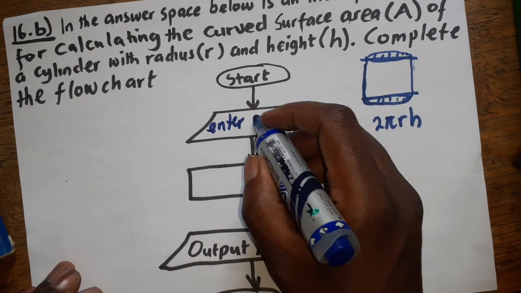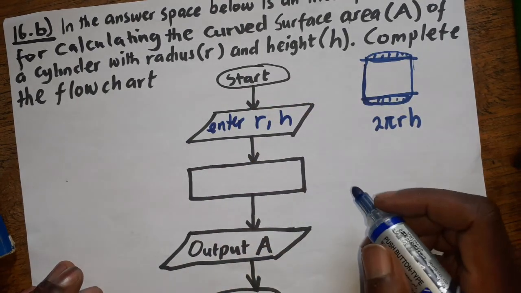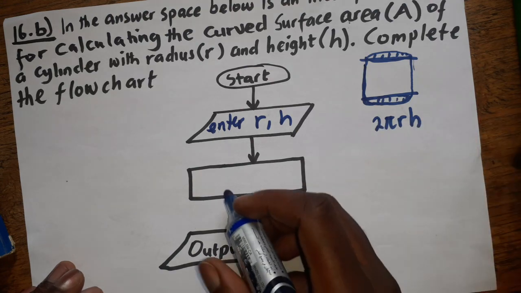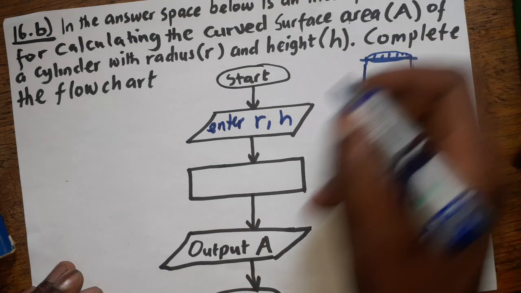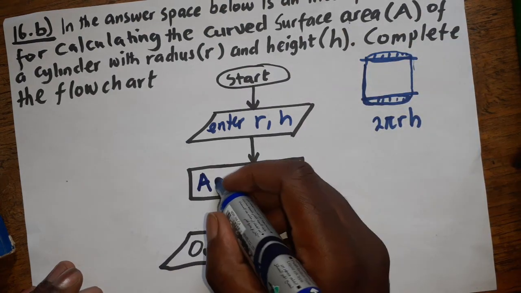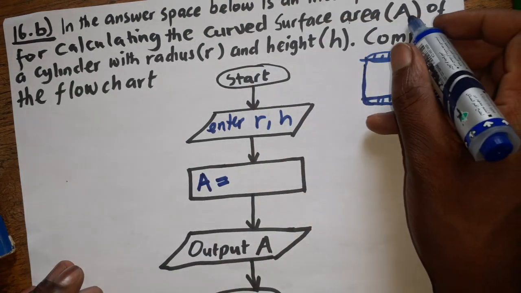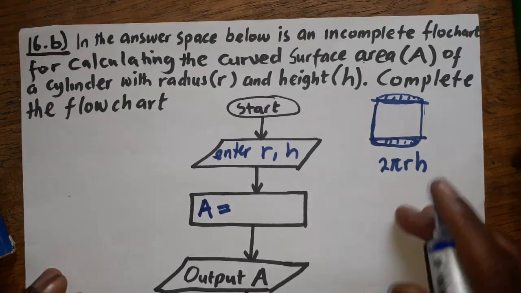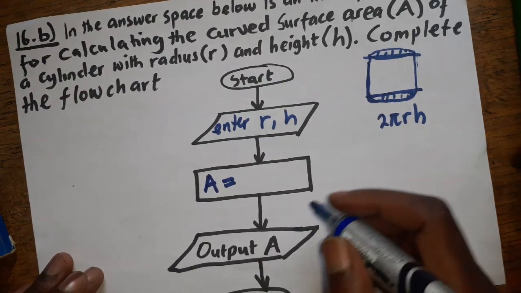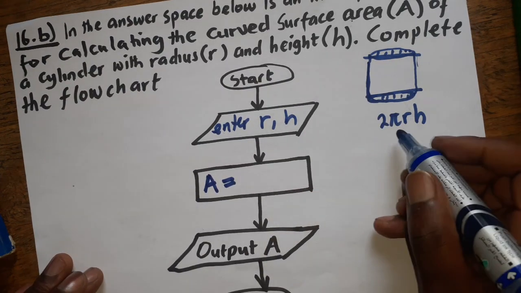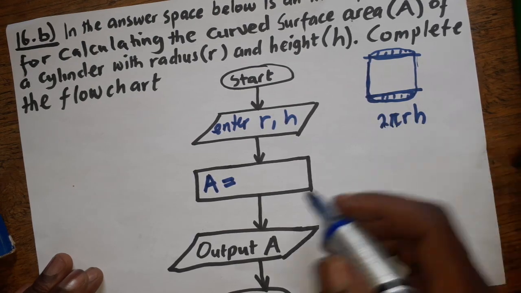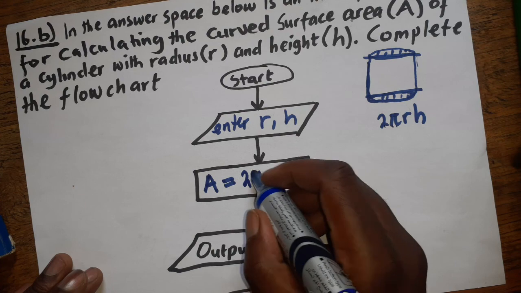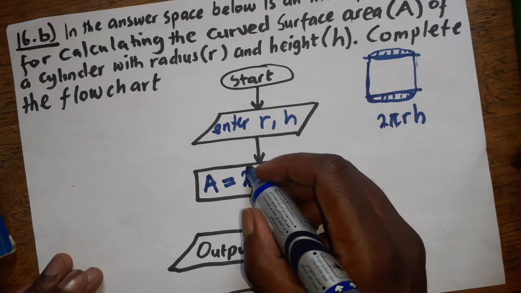So you know that this part here, we say enter. What are we going to enter? R and H here. Then curved surface area here. You can say curved surface area, which is represented by the letter A, is equals to, now we can write this in full. We always say these numbers are already there, like in the computer, they initialize. So we say 2 pi, okay?